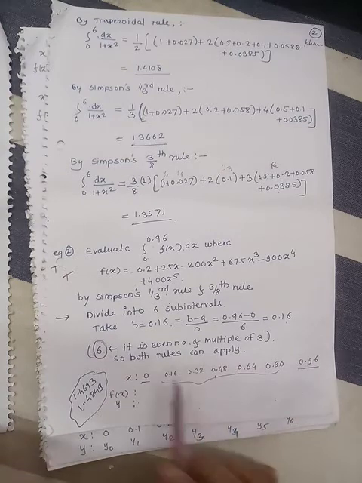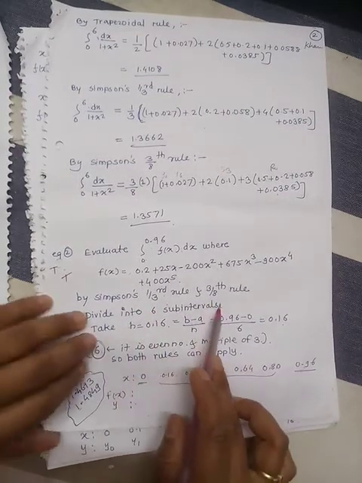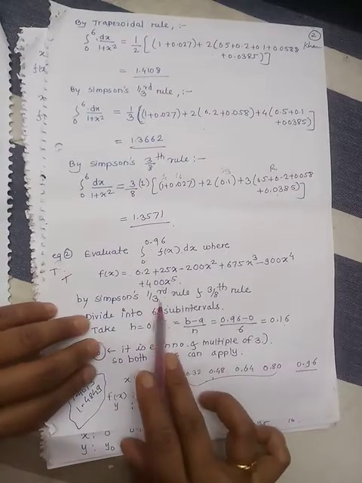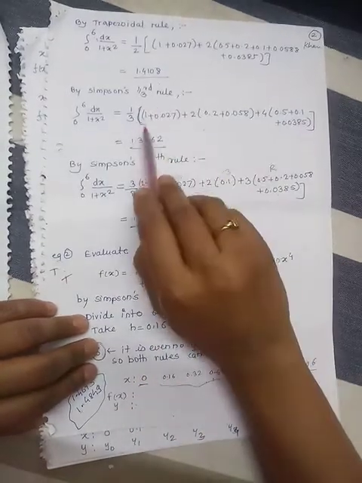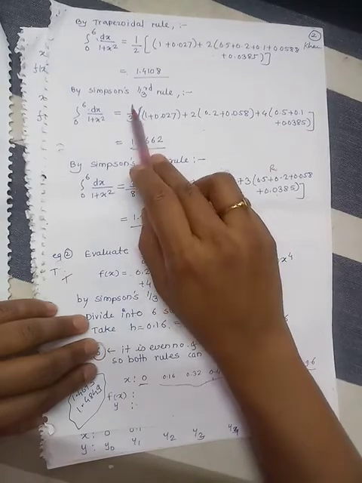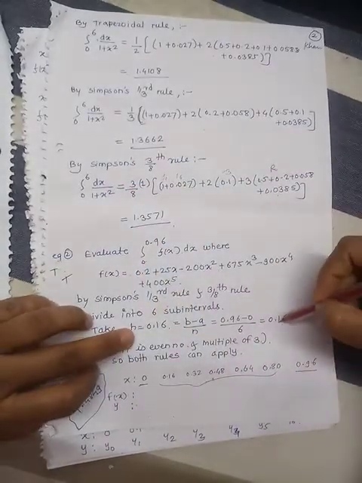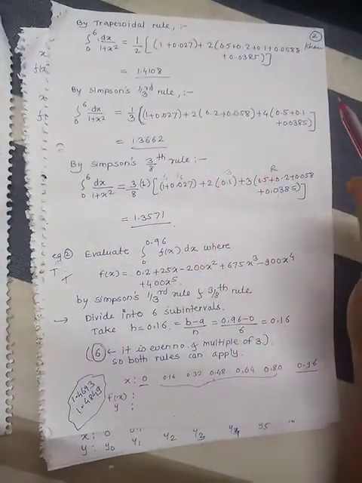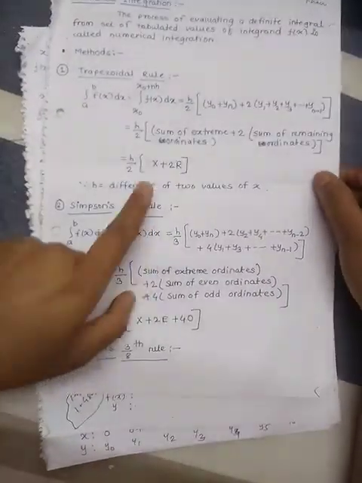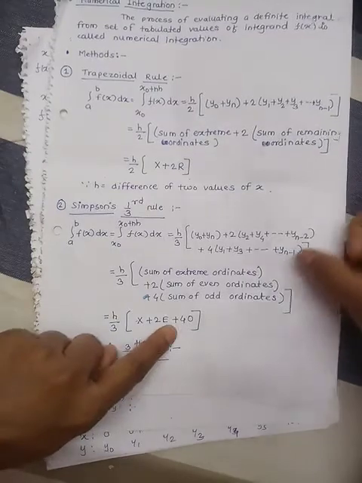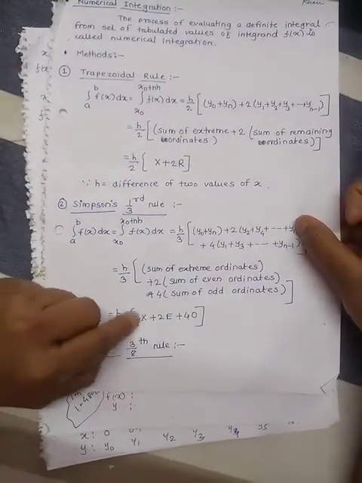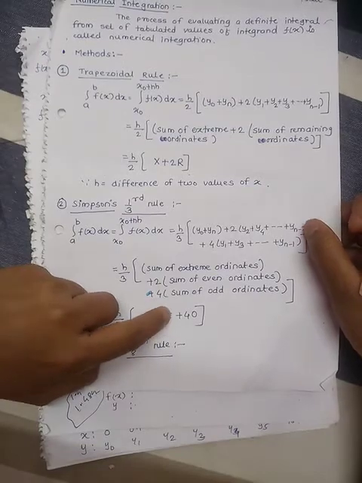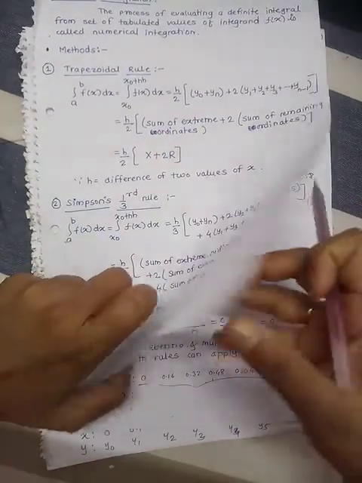And using Simpson's 1/3 rule and 3/8 rule, put all the values one by one for these rules. For the 1/3 rule, the rule is h by 3, put this value of h, 0.16, then h by 3 in brackets. The formula is x plus 2e plus 4o, that is the sum of end values of y plus 2 into even ordinates plus 4 into odd ordinates.